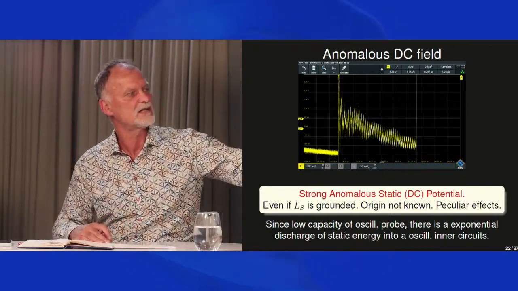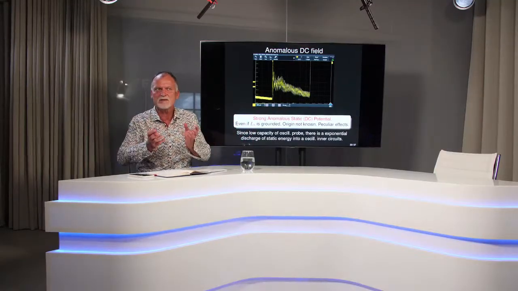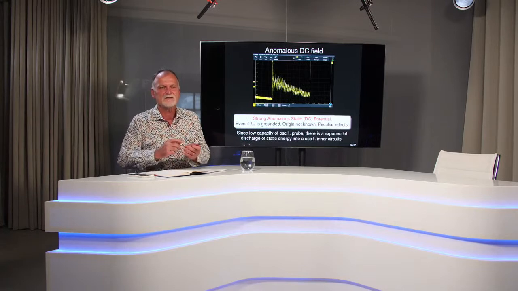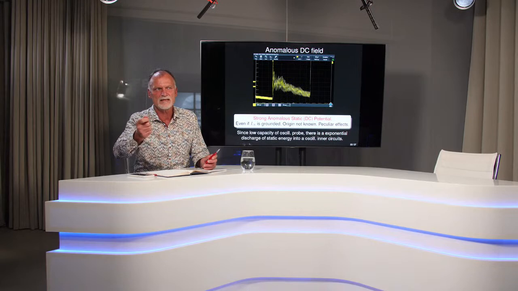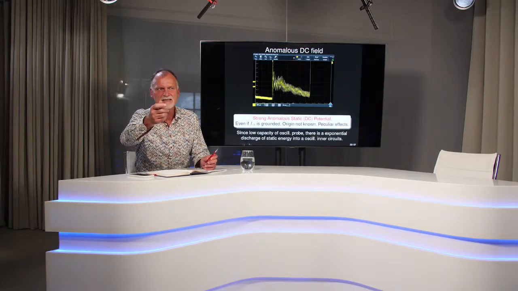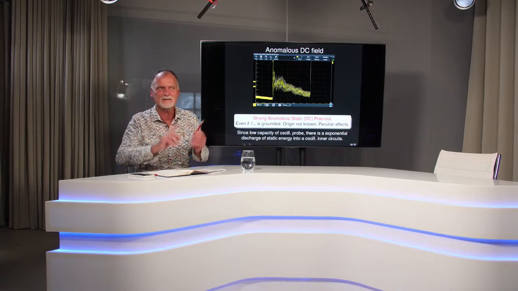There is a strong anomalous static potential which is felt everywhere around in the laboratory. For example, if we switch off the transformer, after half an hour you enter the laboratory again and you get a spike of discharges from the metallic object, half an hour after the experiment.